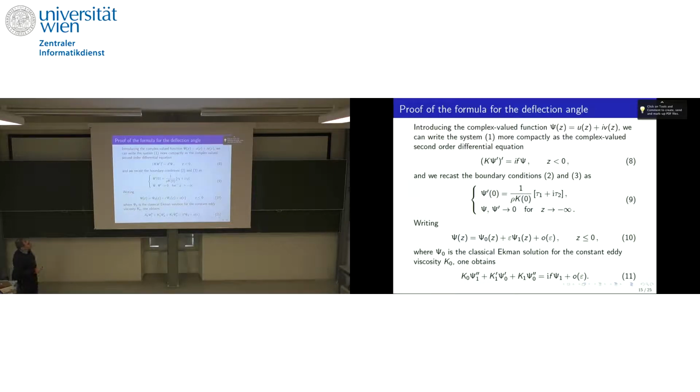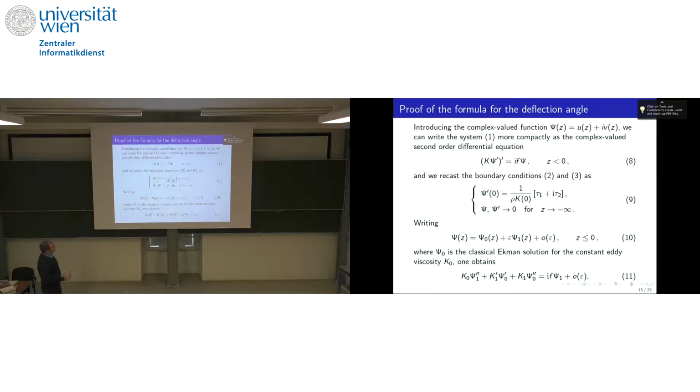Just like in the calculation to derive the classical Ekman solution, you introduce complex variables, so you introduce this complex function, and you write the governing equations in this form. This is a second order ODE, but with a weight here. And it's for Z less than 0.